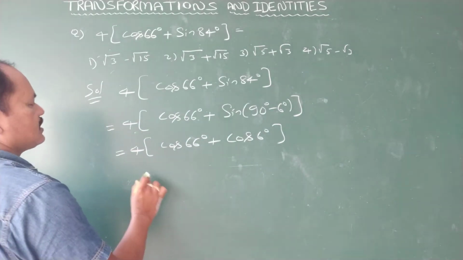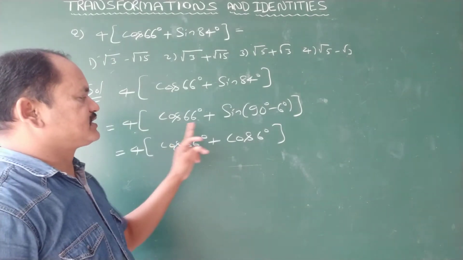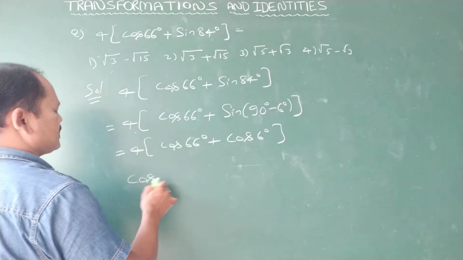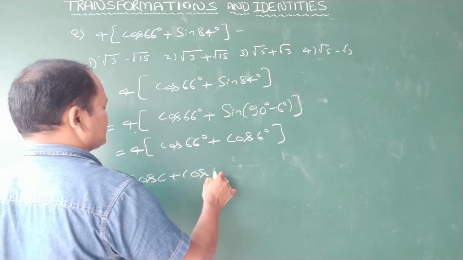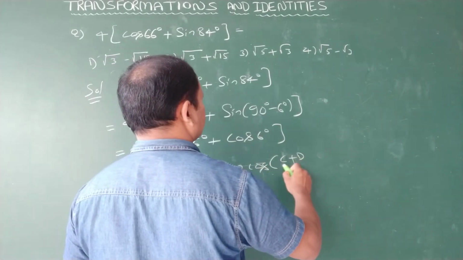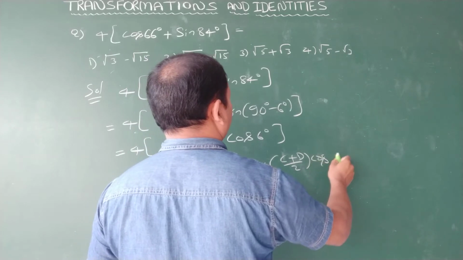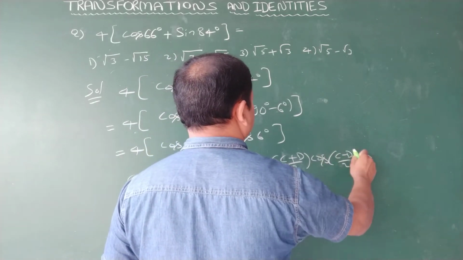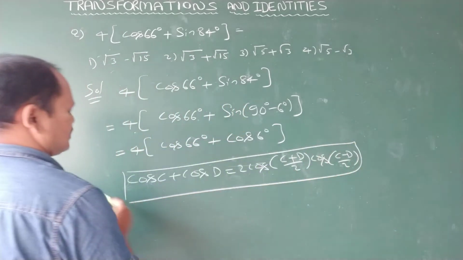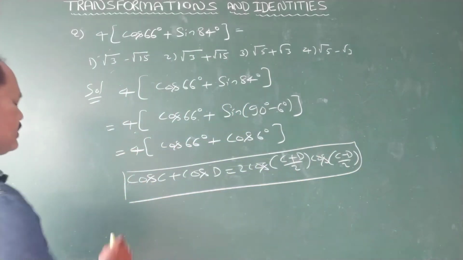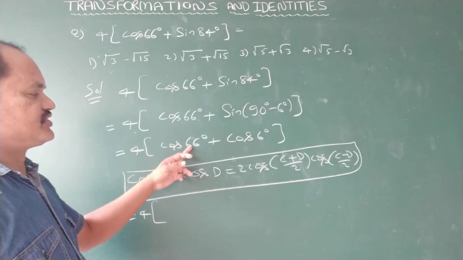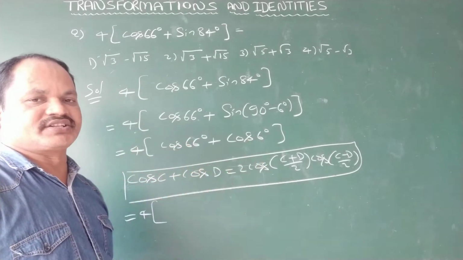Now observe, here it is cos C plus cos D. We know the formula: cos C plus cos D is equal to 2 cos (C plus D)/2 into cos (C minus D)/2. So here it is 4 times of, where C is 66 degrees and D is 6 degrees.